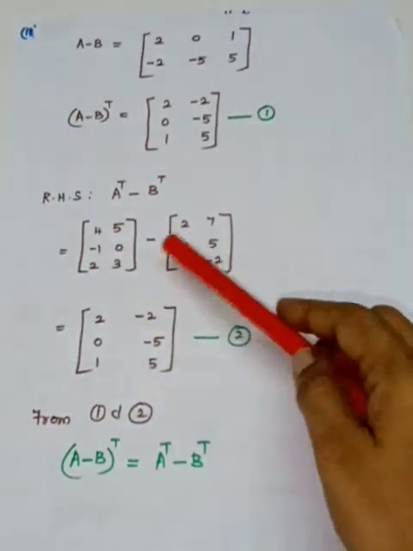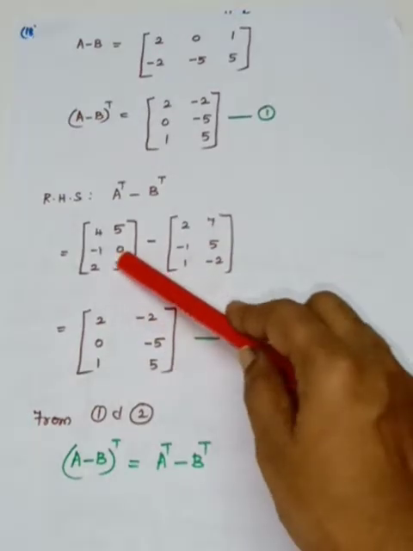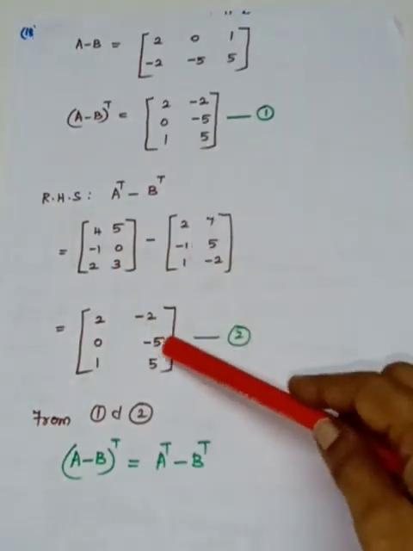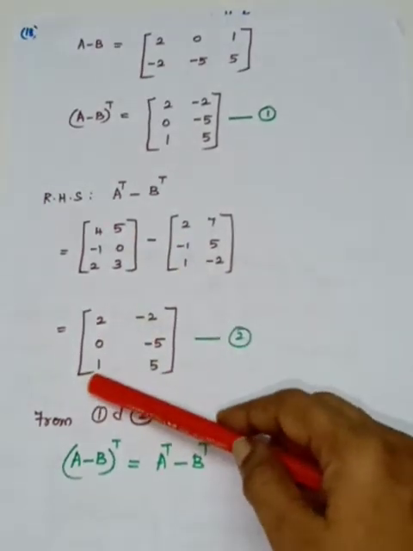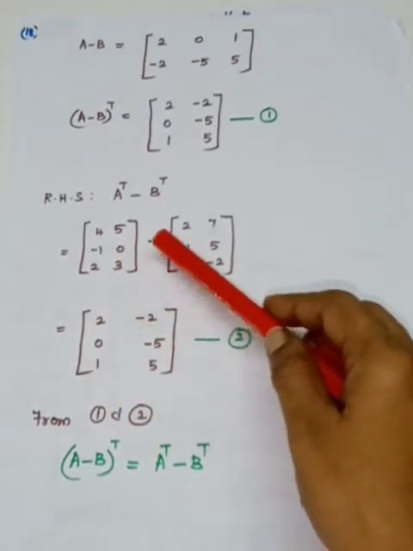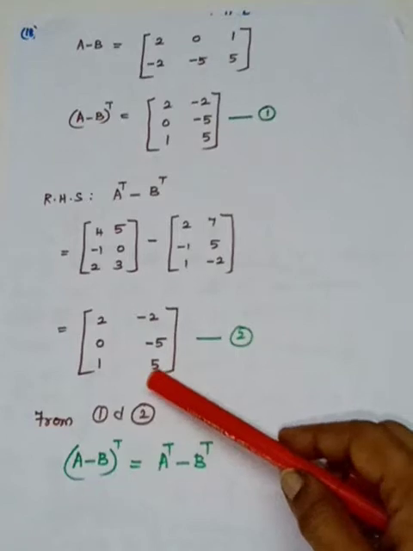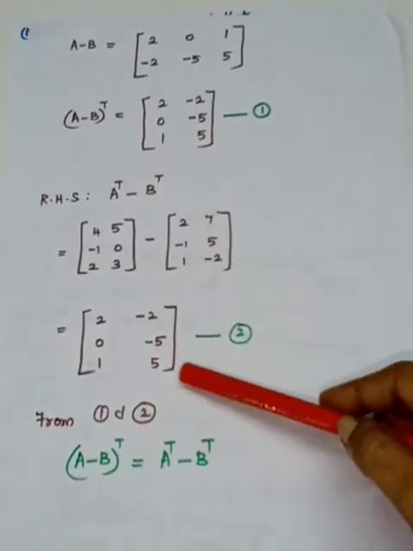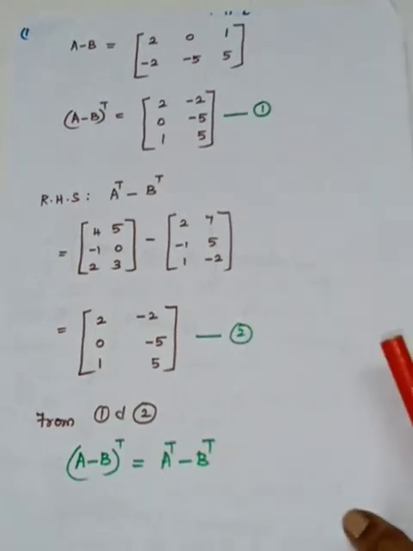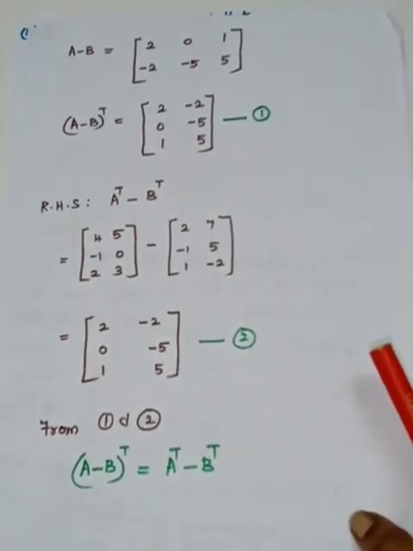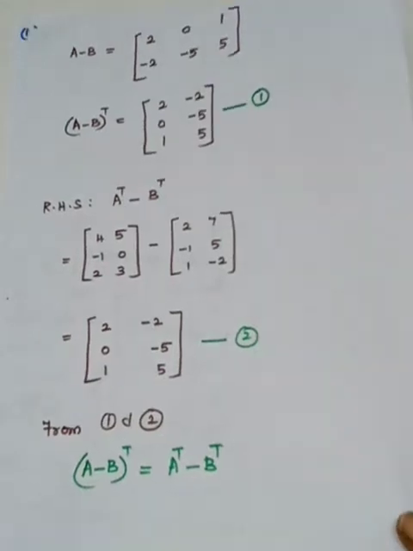So minus 1 plus 1 is 0. 0 minus 5, so it is minus 5. 2 minus 1 is 1. 3 minus of minus 2, that is 3 plus 2, 5. You look at these two, how they are equal. So therefore we have verified A minus B the whole transpose is equal to A transpose minus B transpose.